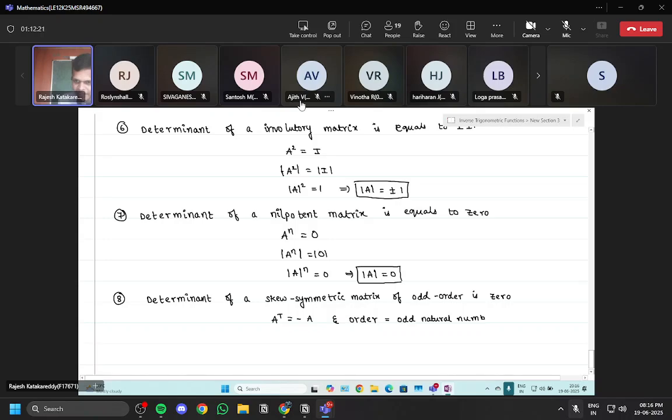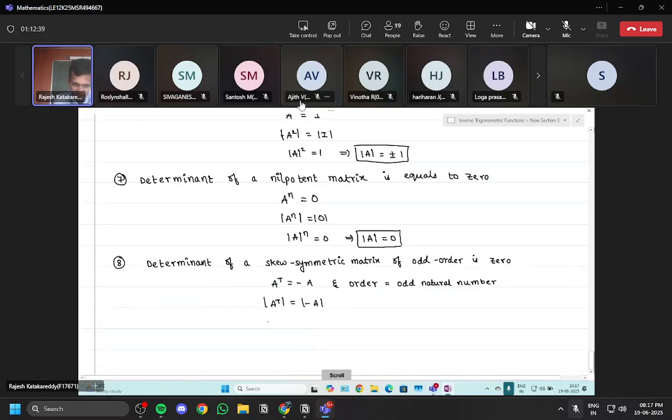Let us take determinant on both sides. Determinant of A transpose is equals to determinant of minus A. In determinants, we learned the first property: determinant of a matrix is same as determinant of its transpose.